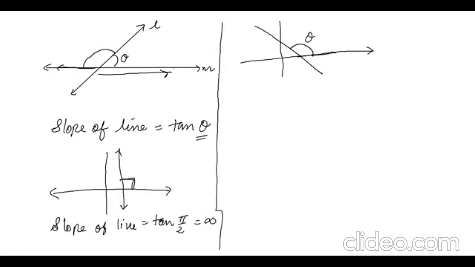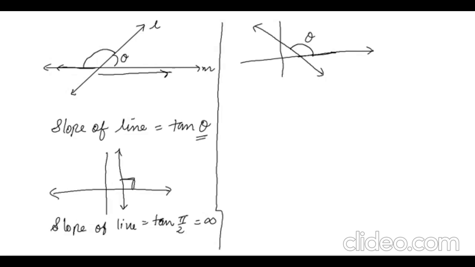So you can easily detect the orientation of the line with respect to the x-axis. It means if the value of slope is positive, then it will make some acute angle with the positive direction of x-axis, whereas if the value of slope is negative, then definitely that line will make an obtuse angle with the positive direction of x-axis.